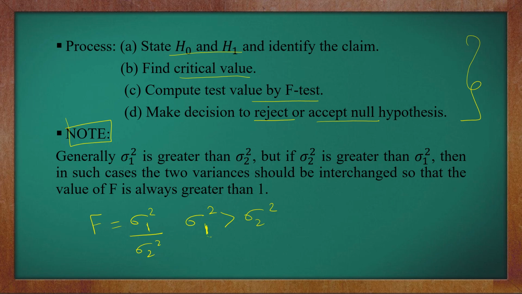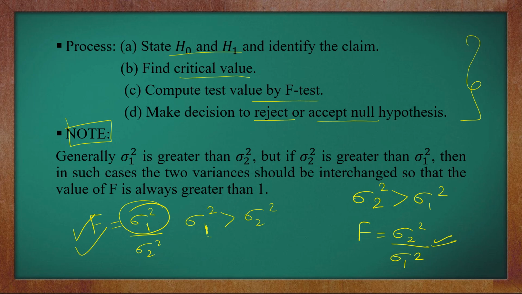Sigma 1 is greater, so it is in the numerator. But if sigma 2 square is greater than sigma 1 square, please note down this very important point, then the formula is sigma 2 square upon sigma 1 square, with sigma 2 in the numerator because it's greater.